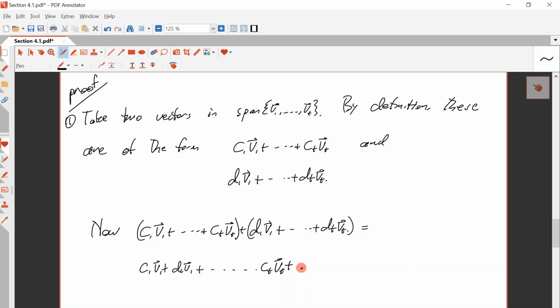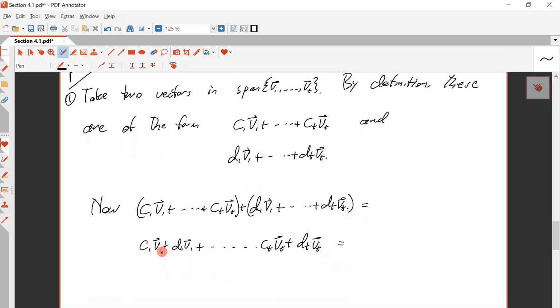CT VT plus DT VT, and then you can factor out the V, because in a vector space V you have that distributive property.